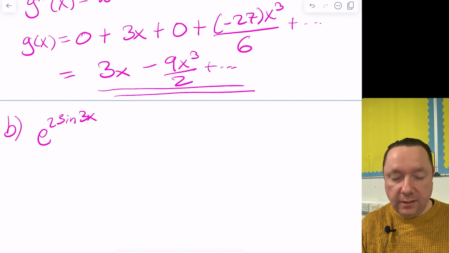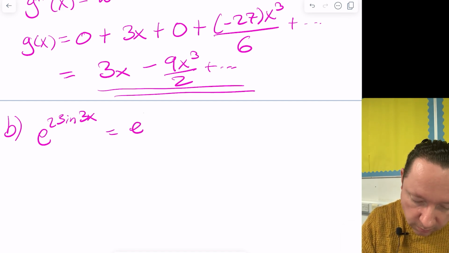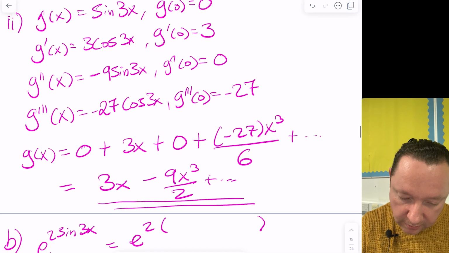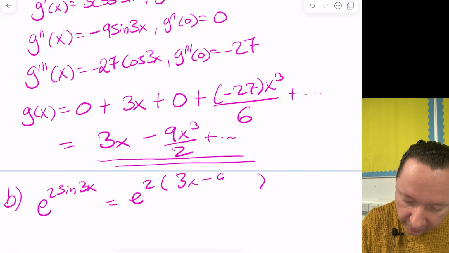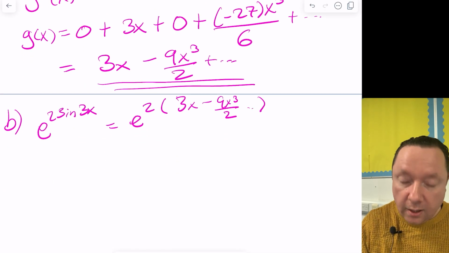If I expand this out, sine 3x we already know, it's this up here: 3x minus 9x cubed over 2. That's it as a Maclaurin.